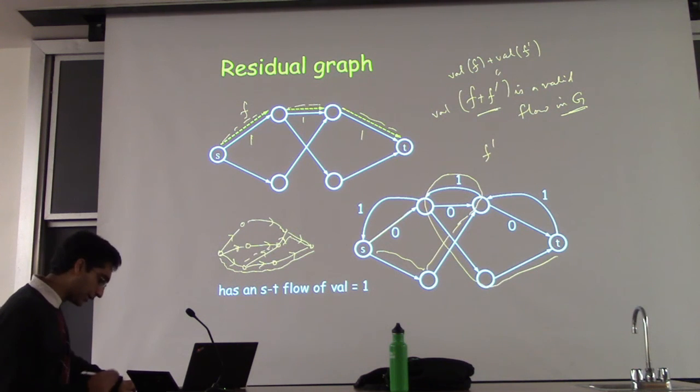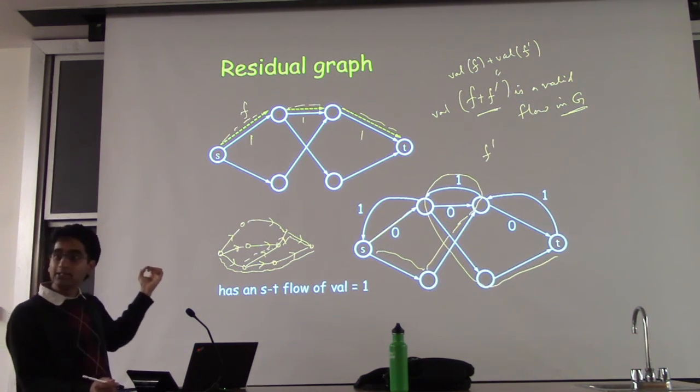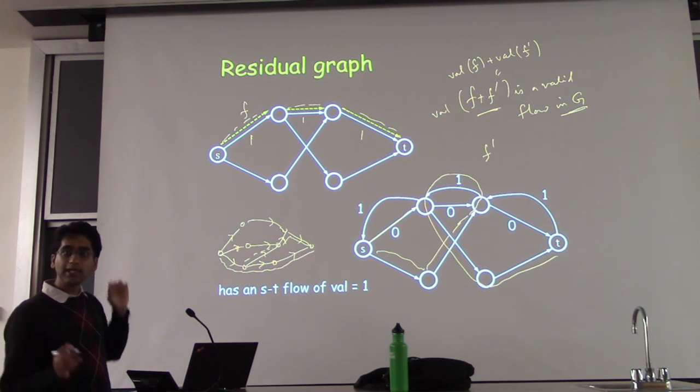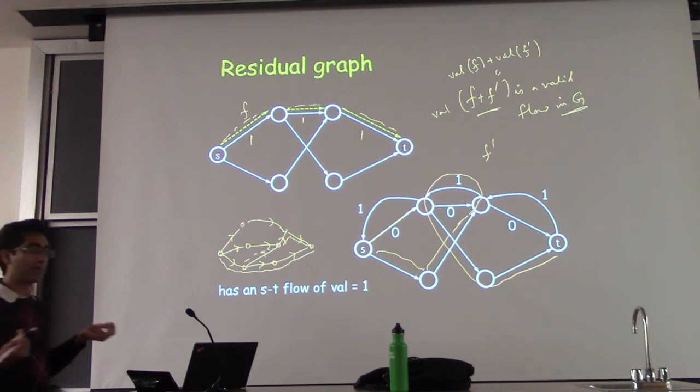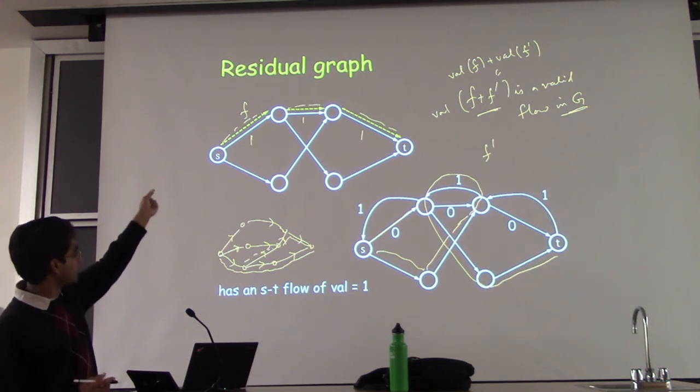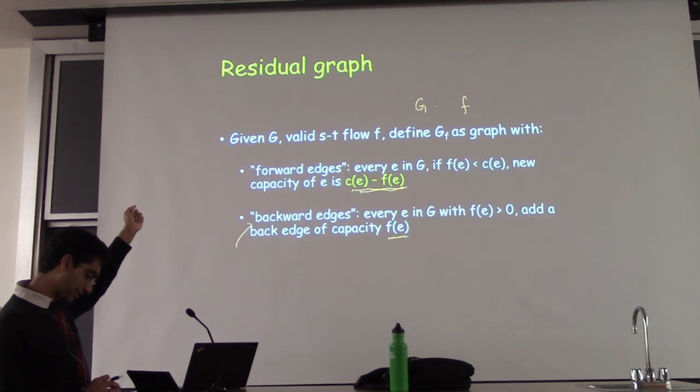Yes. So the point is, the capacity of the back edge was only the flow that you already sent. That's how the residual was defined, right?